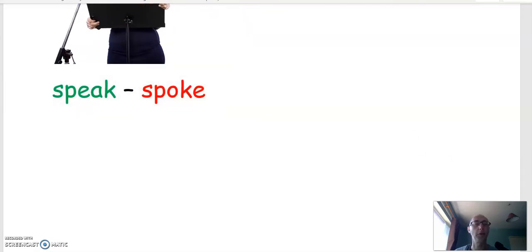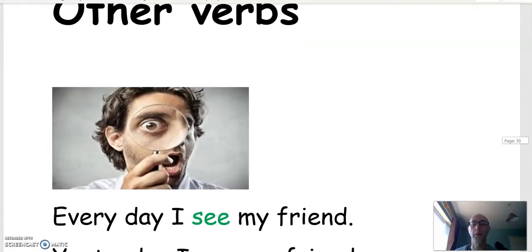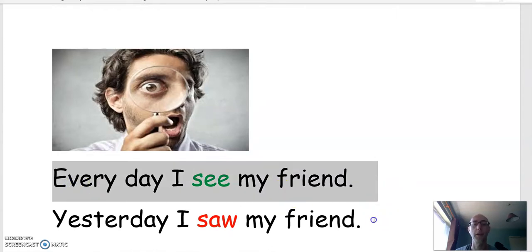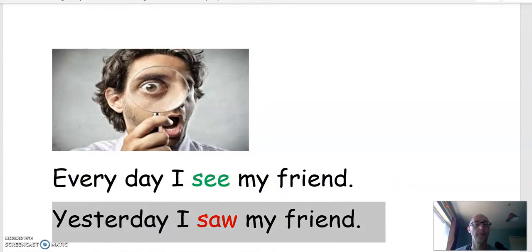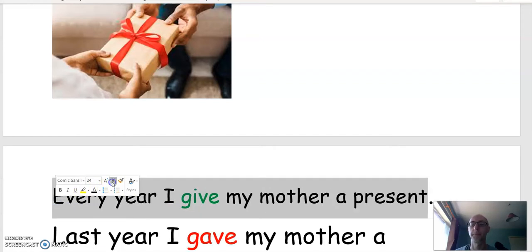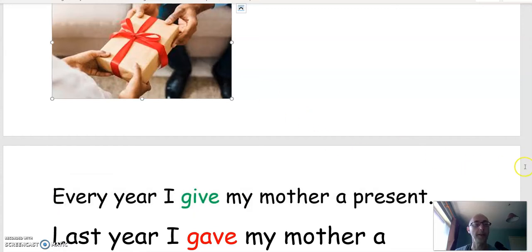So let's look at some other verbs that we see all the time. They're very common verbs. Every day I see my friend. Yesterday I saw. See, saw. Every year I give my mother a present.